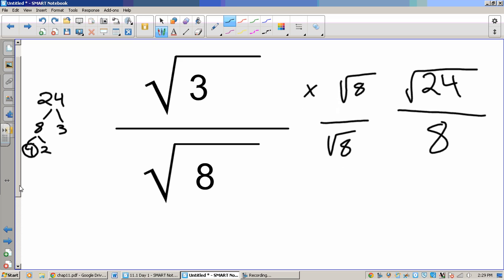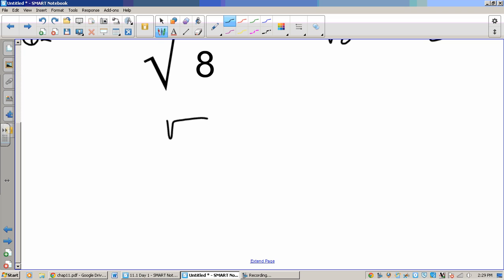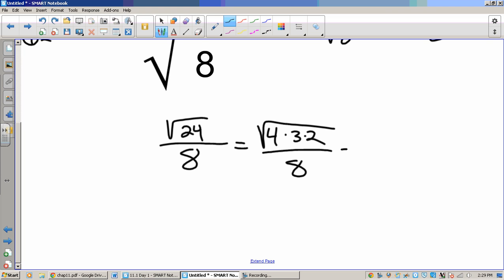I'm going to write the square root of 24 over 8 as the square root of 4 times the square root of 3 times the square root of 2. Okay, 4 times 3 is 12, times 2 is 24. It's over 8, and then I know that I can pull out the square root of 4 in this case, and that's 2.